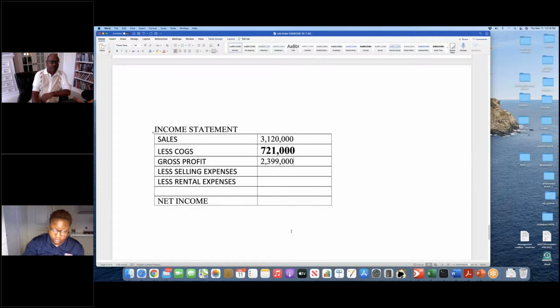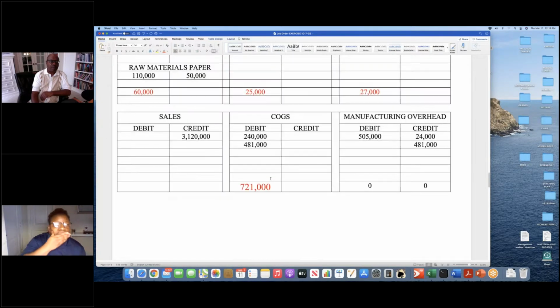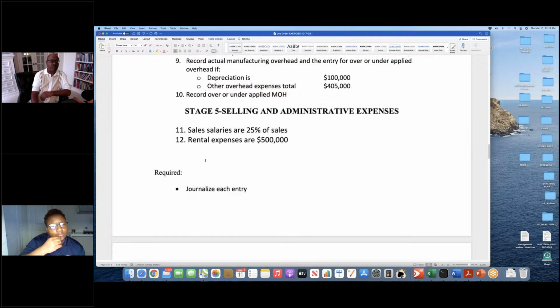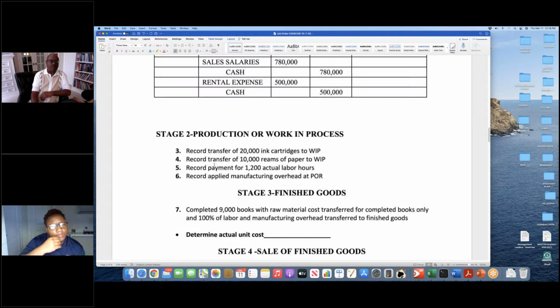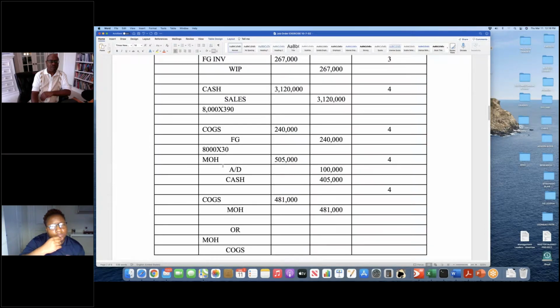Hey, Mr. Boyd, for stage 5, I thought you credit sales. Did I have it on the wrong side or something? If you go back up to the journal entries, there it is, credited.